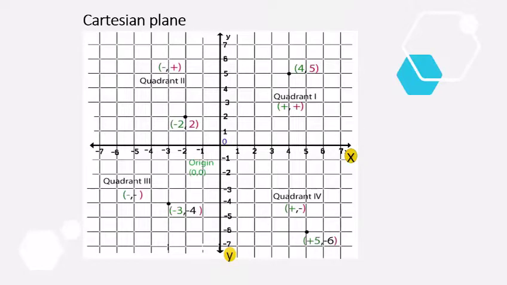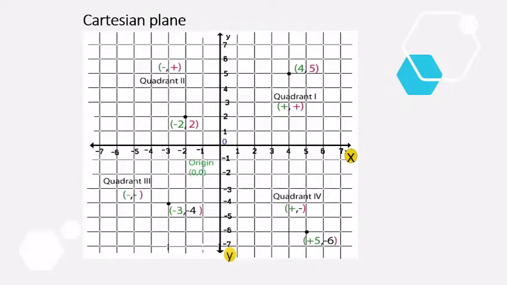So while locating a point on this quadrant, both the coordinates will be positive. You can see a point marked over there. Its coordinates are 4, 5. While counting from the origin, the point lies in 4th column, 5th row.